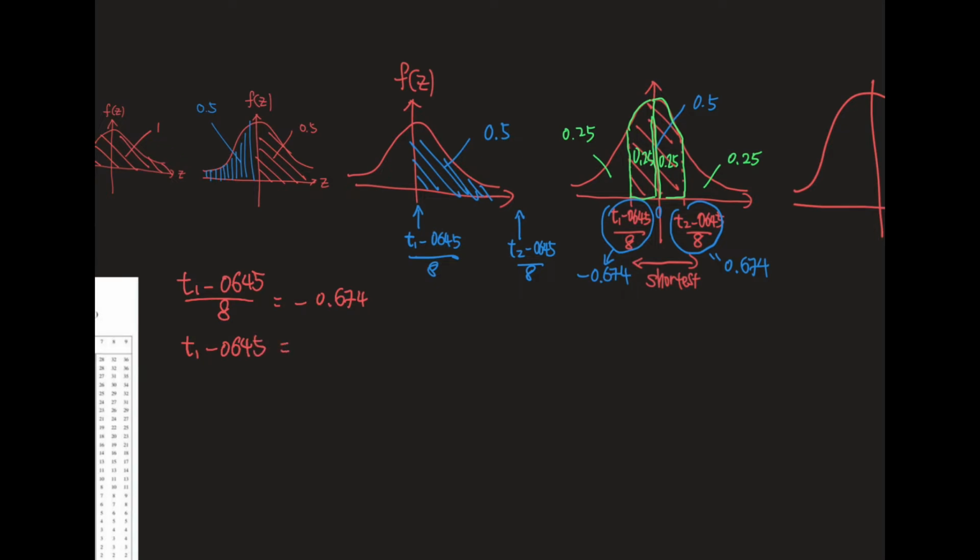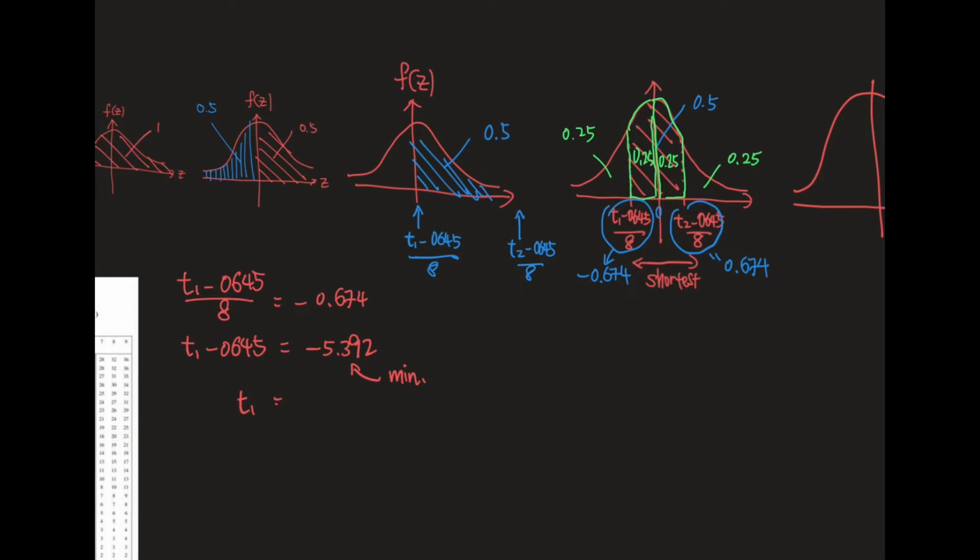T1 minus 0.645 equal to, we need to multiply with 8 first. Negative 0.674 times 8. So that is going to be negative 5.392. Remember this is in minutes.